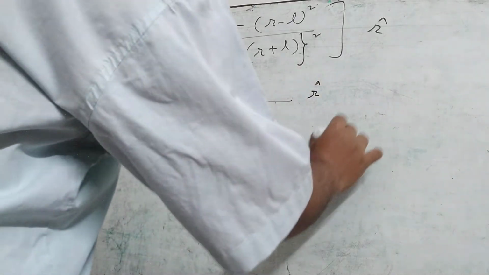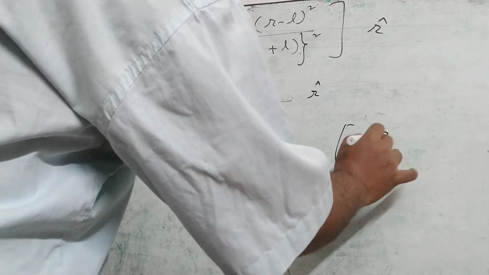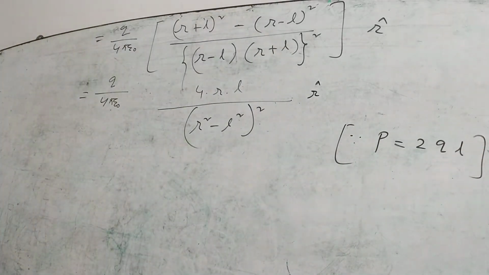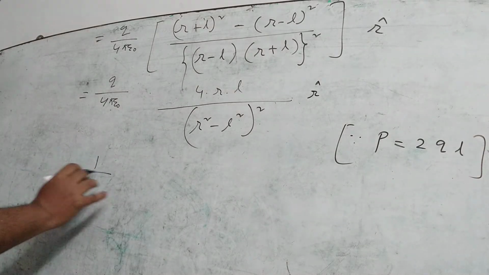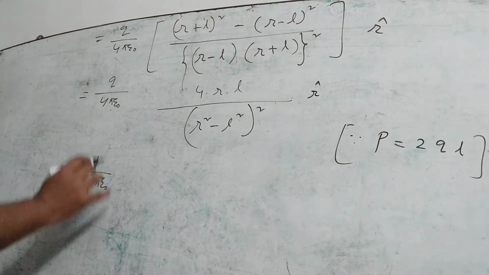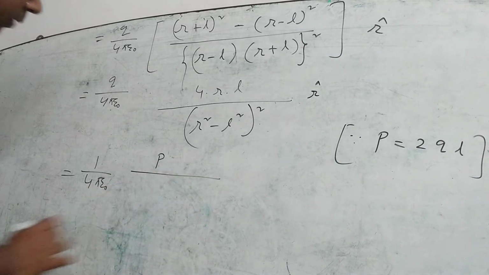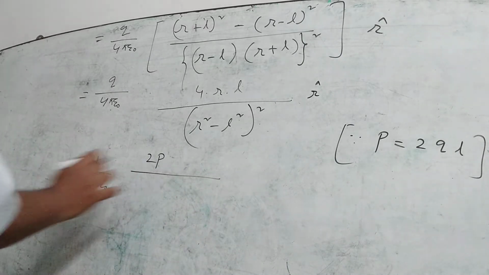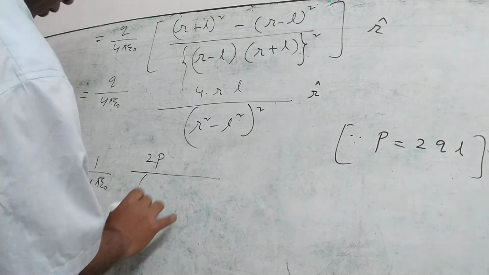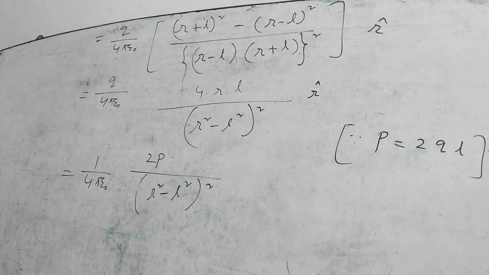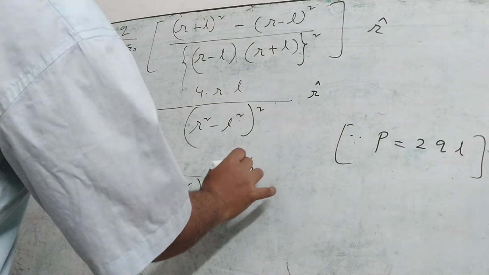Again, we know that electric dipole moment p is equal to 2ql. Therefore, 1/(4πε0) 2ql is replaced by p. Therefore, E = 2pr/(r² − l²)² r cap.